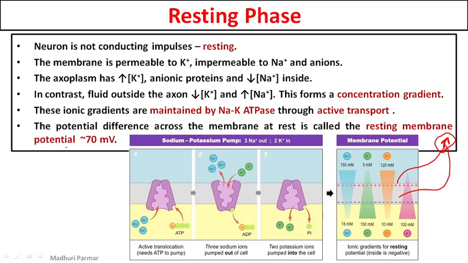Remember, potential and voltage both mean the same thing. It is called resting membrane potential because no signal is coming right now. There is no impulse. The neuron is at rest. So the resting membrane potential is around -70 millivolt, approximately.